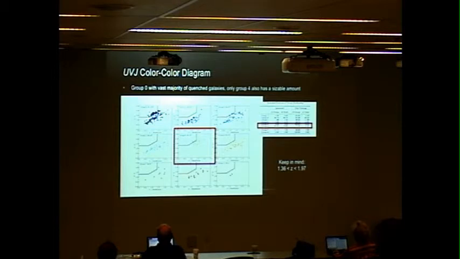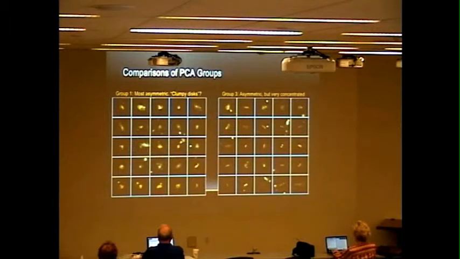So I've been focusing on groups 0 and 4, but I also want to highlight two other groups. There's group 1, which are the most asymmetric of any of the groups. Would some people classify them as clumpy disks? Probably. Compare that to the other group that's quite asymmetric, group 3.